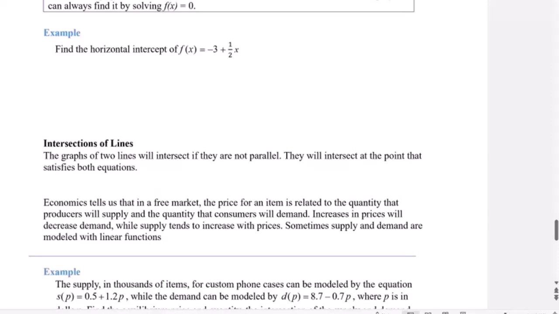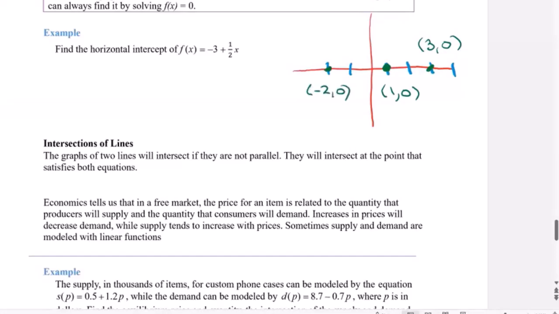So if I were to look at a graph, everywhere that I cross the horizontal axis, let's say, what is this point? An ordered pair. That's x equals 1, y equals 0, right? This point here, x equals 3, y equals 0. This point here, x equals -2, y equals 0.